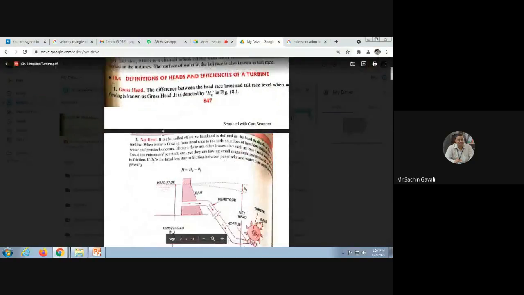Okay. Now we'll discuss the Pelton turbine. This diagram is already known to everybody. This is a dam, and water is coming through this penstock to the Pelton turbine, where it impacts on the buckets.